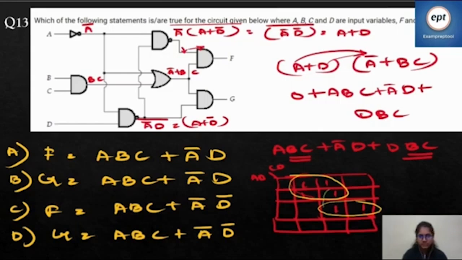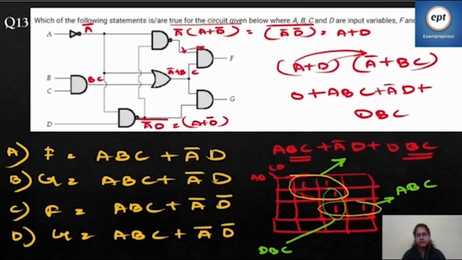So now this is A bar D, and this horizontal expression is ABC, and this vertical expression is DBC.